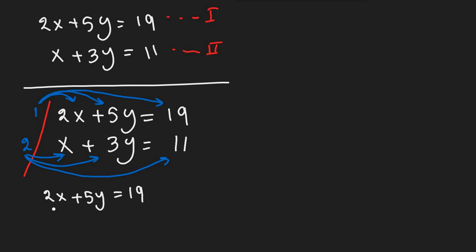And the second one, 2 times x, it's 2x, plus 2 times 3, it's 6y, equal to 2 times 11, it's 22.